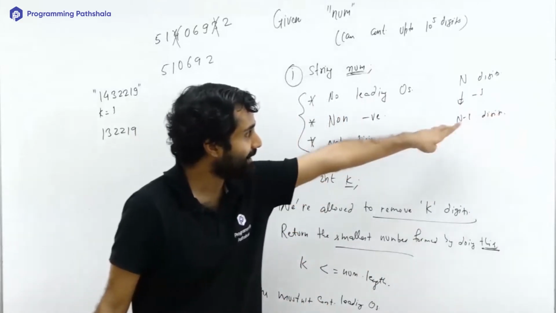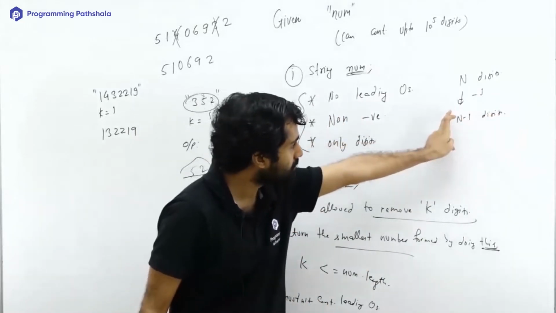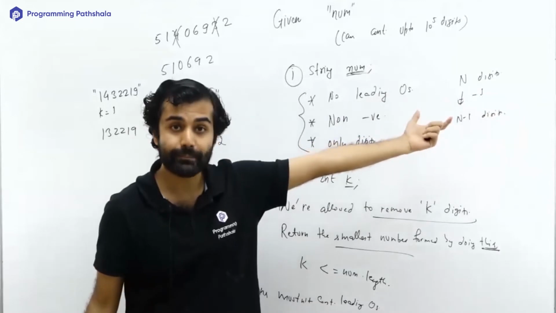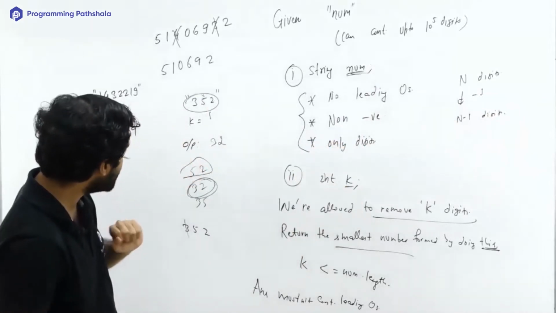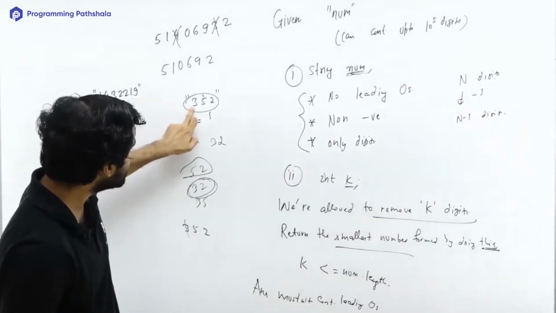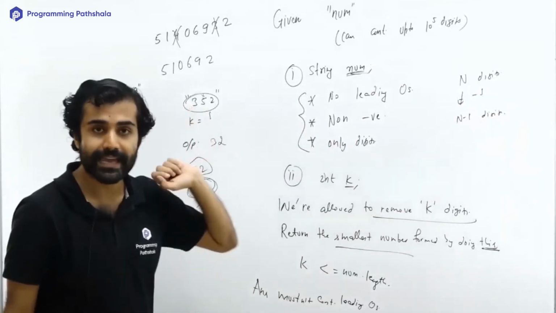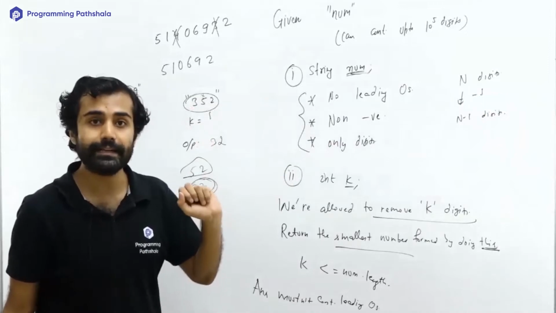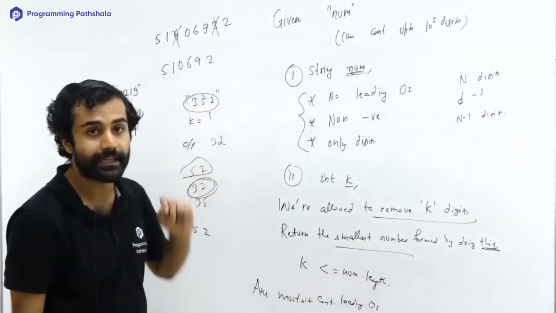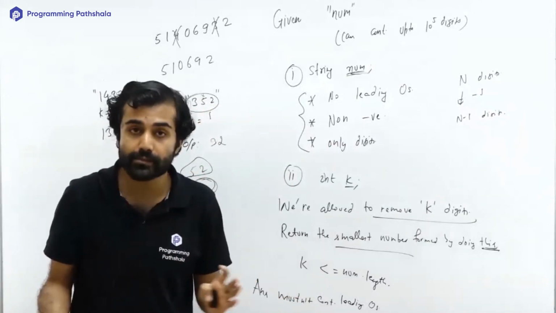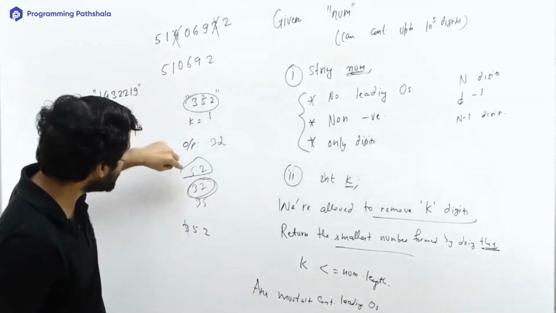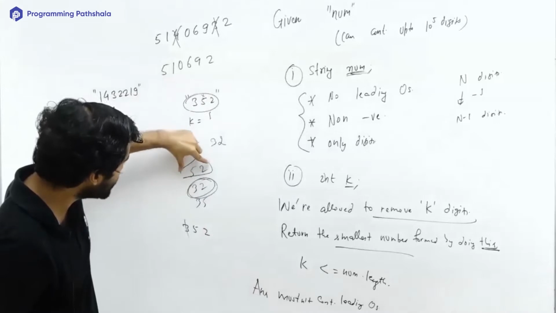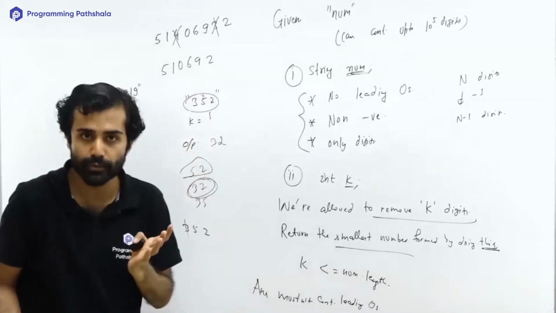Now, is it guaranteed that the result you get of n minus 1 digits will be smallest only if it starts from the first digit? Is it guaranteed? No. Similarly, if it starts from the second digit, is it guaranteed to be smallest? No. So no matter whether you remove 3 or 5 or 2, the result you will get will be of 2 digits only.